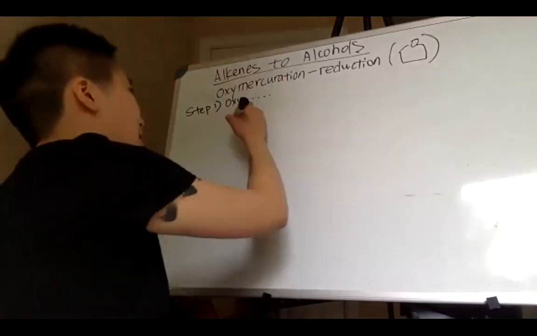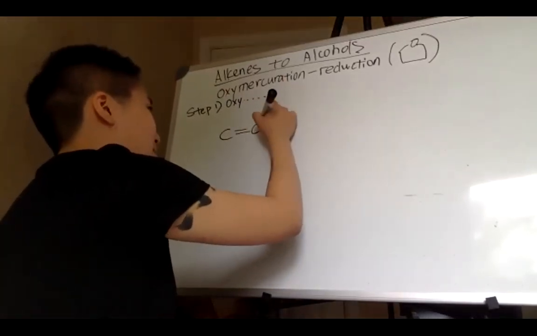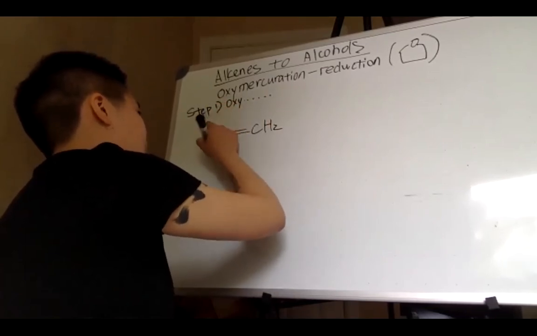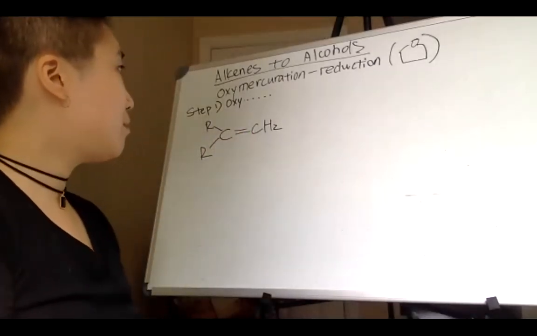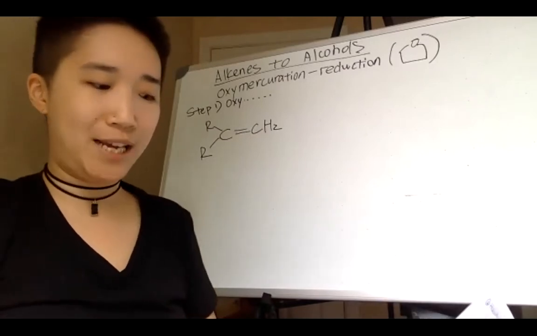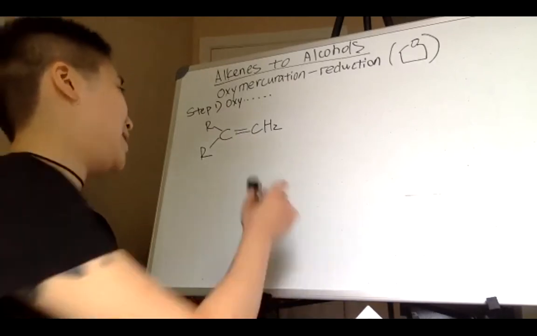Okay, so I'm going to draw out the generic alkene that I start with, CH2, CR2. All right, so if you look at your notes, the other important reagent we have here would be mercury acetate.